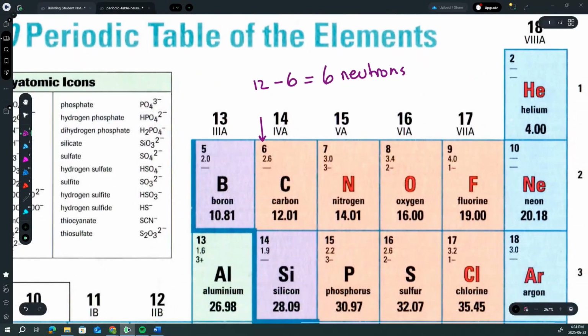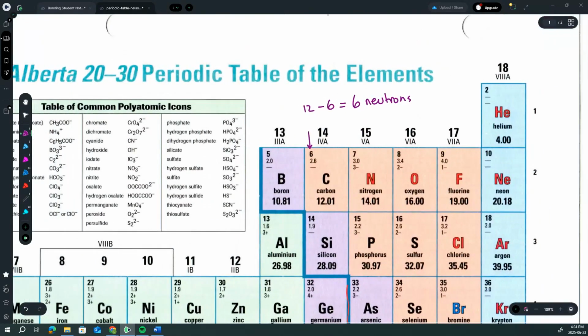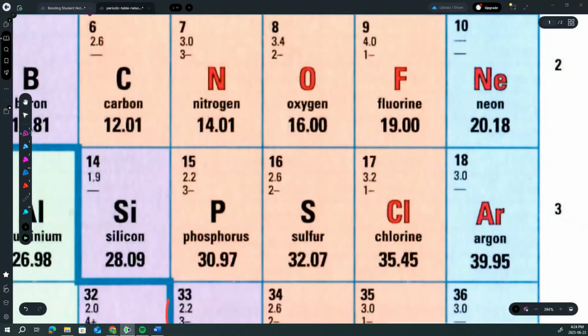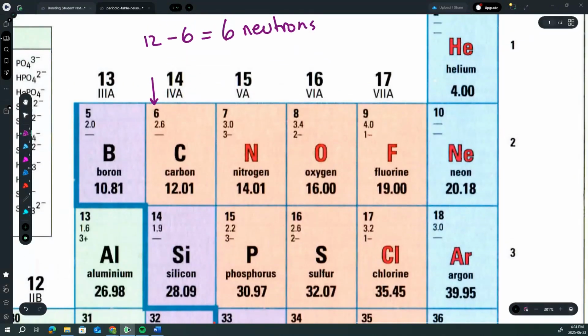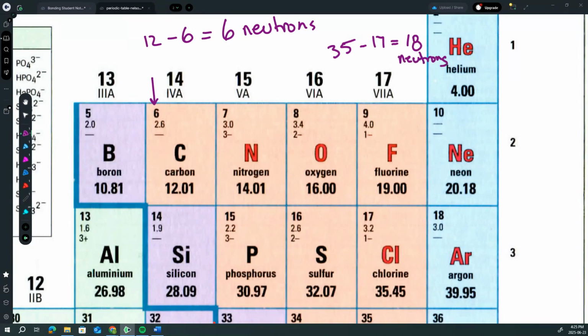If I was finding out how many neutrons are in an atom of chlorine, I would take 35, because that's the rounded atomic mass, and subtract the atomic number, which would give us 18 neutrons. So those are just some more examples to help you out.